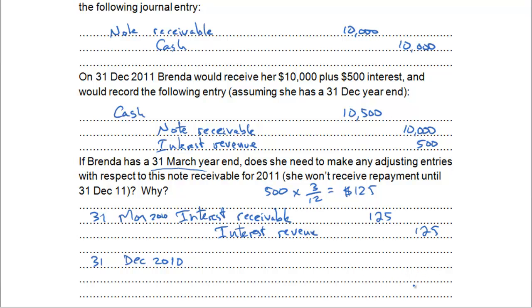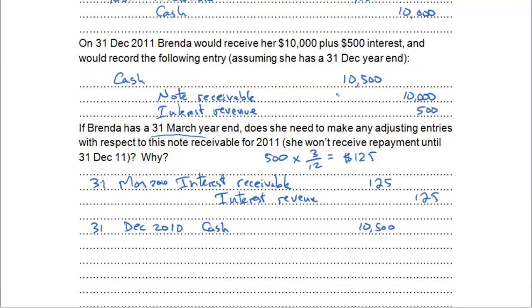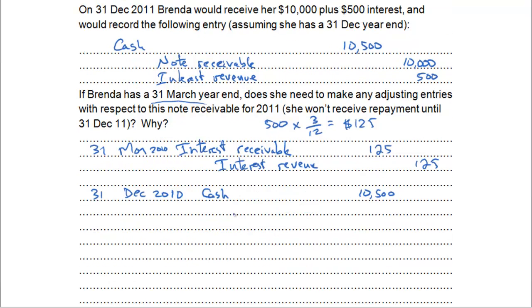On December 31st, 2010, she gets paid cash, the full amount, $10,500. That's when the actual cash happens, just like it happens up here. On that date, we have to make the note receivable disappear from our books because it's now been paid.